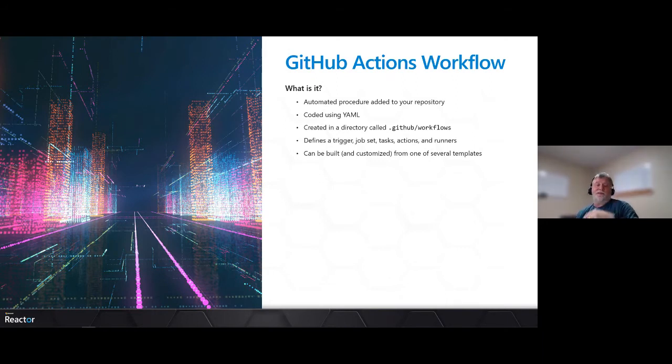It's going to define a set of jobs, a set of steps or tasks or actions underneath those jobs, and then runners. What additional activities do we want to do? And we're going to look at some examples. And we can basically build a workflow from scratch, right? But we can also customize one built off of an existing template. And that's what we're going to do during our hands-on session today. We're going to build one of these off of an existing Node.js workflow template. Okay.